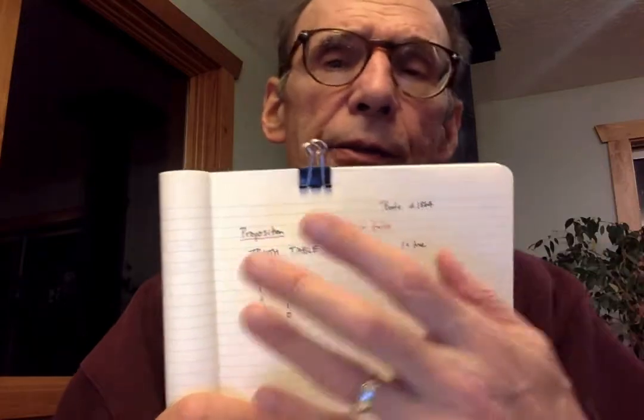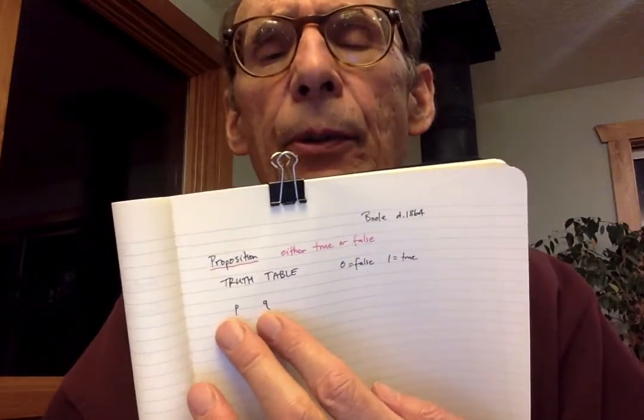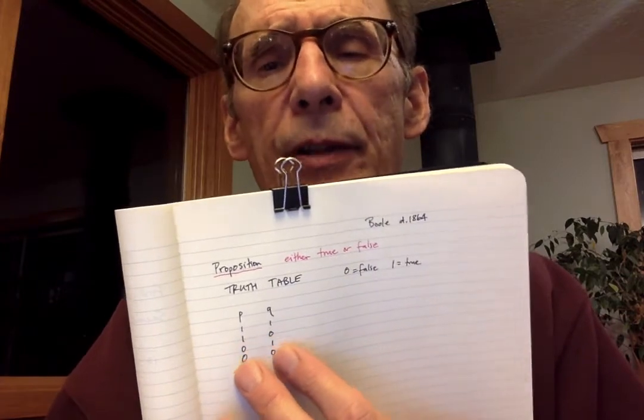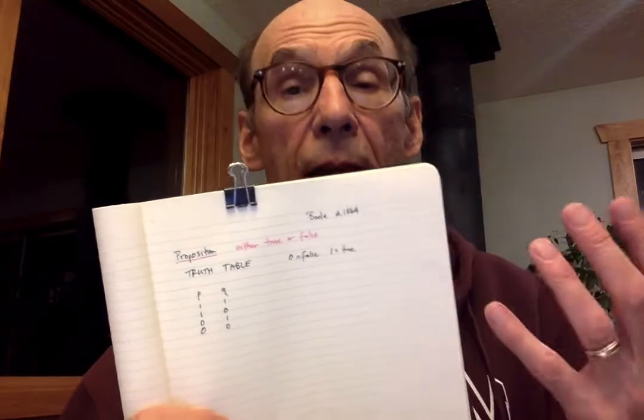So these are some basic ideas. These are the variables. P is 1, Q is 1, P is 1, Q is 0, and so on. So what we have is a function, and this is kind of why these things come up so prominently in computing, is that this is a function on bits.